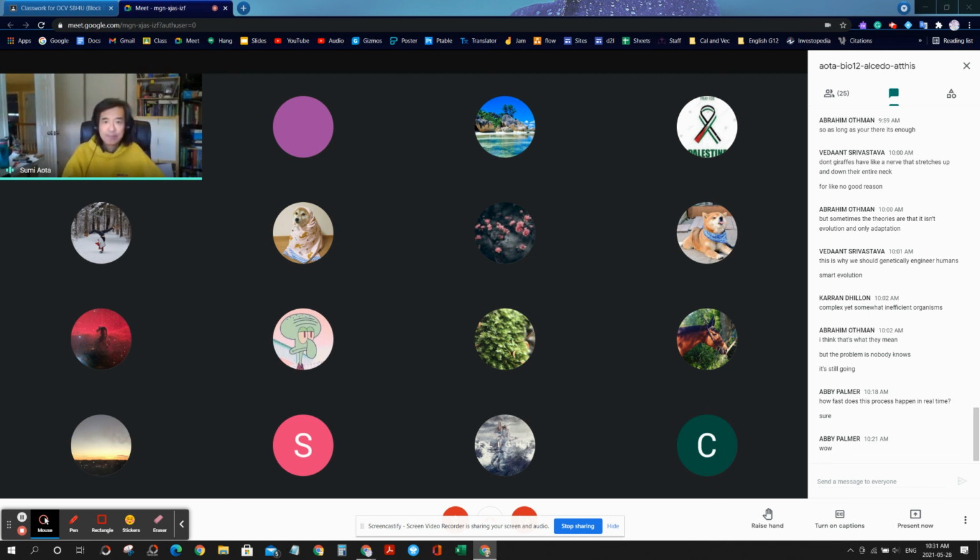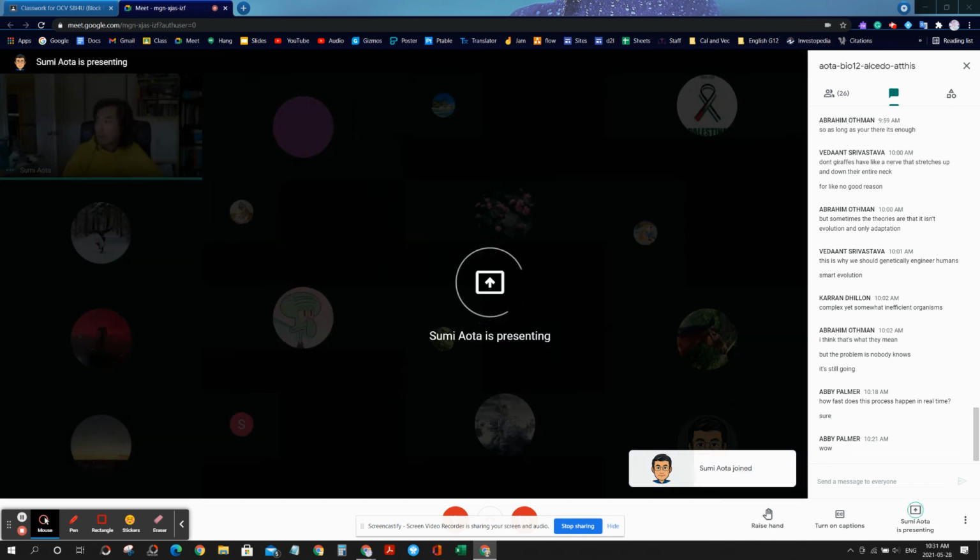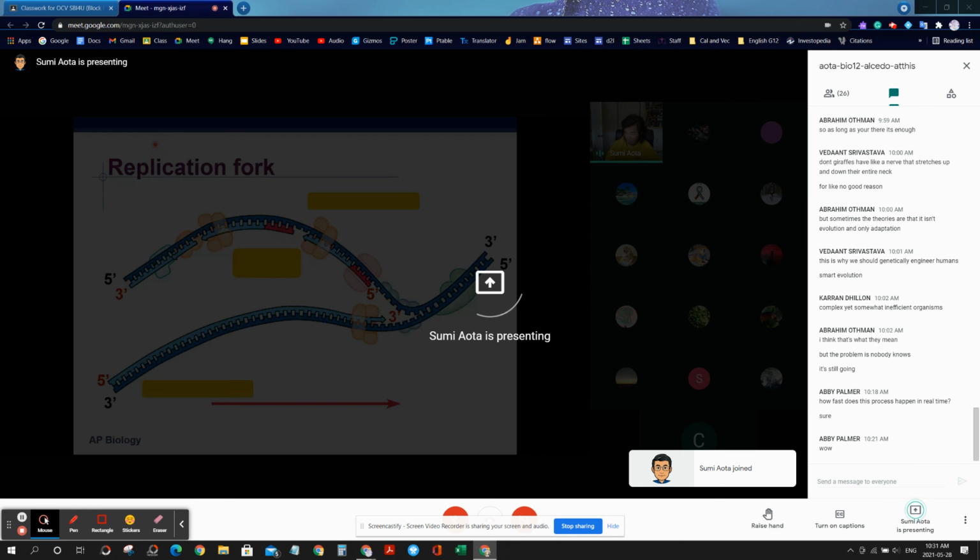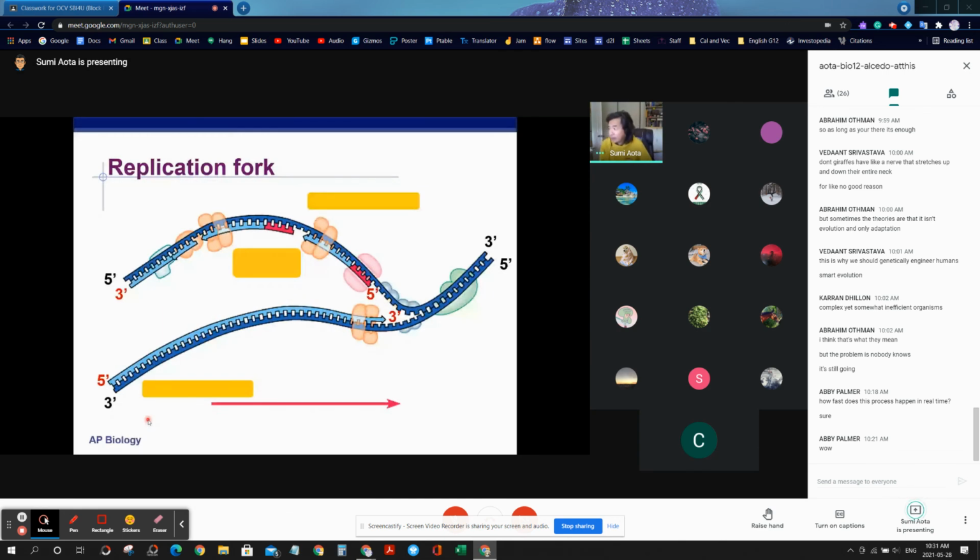All right, so let's look at this diagram. Okay, so we're looking at a replication fork. And the replication fork is unwinding in the direction of the pink arrow. So that green blob is helicase.